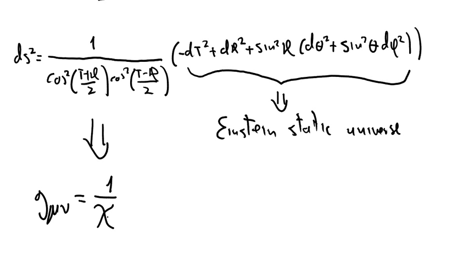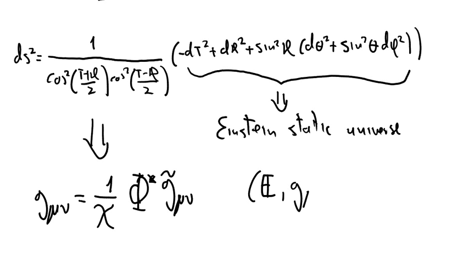This is just to agree with the notation we used in the previous lecture. And this can be written in this form, where g mu nu is now the metric of the Einstein static universe. Okay.